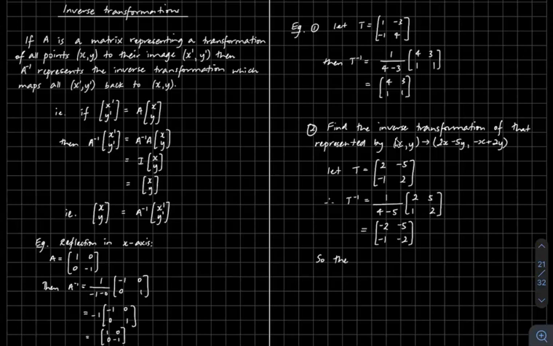So we could say the rule for the inverse transformation is this one. We start with a point, and reading along the first row of that matrix, it's negative 2x minus 5y, and then negative x minus 2y.